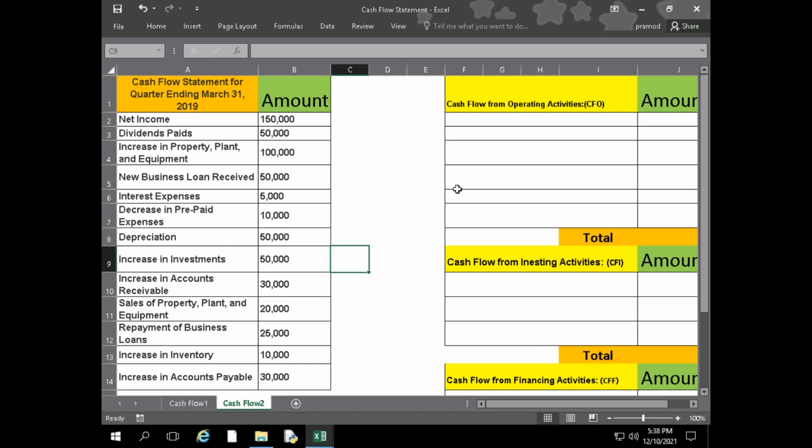I'm sorry. This is the cash flow statement to try to do.